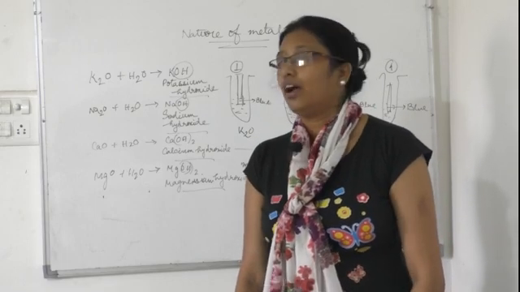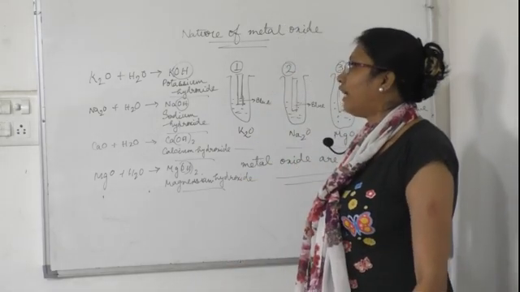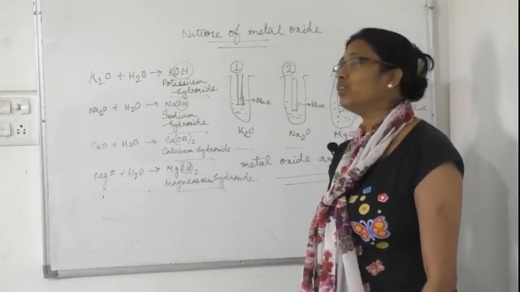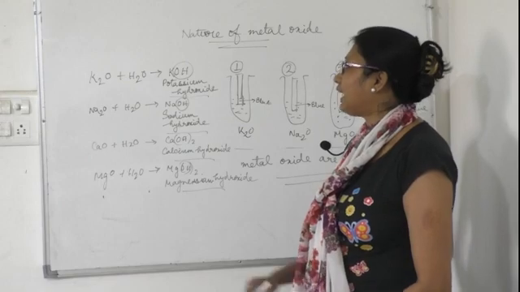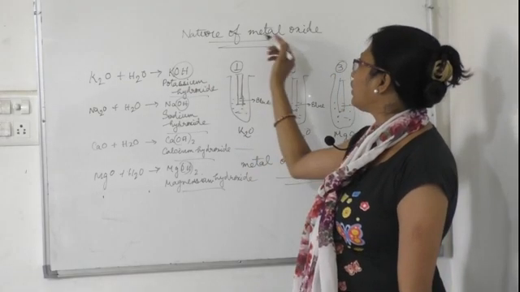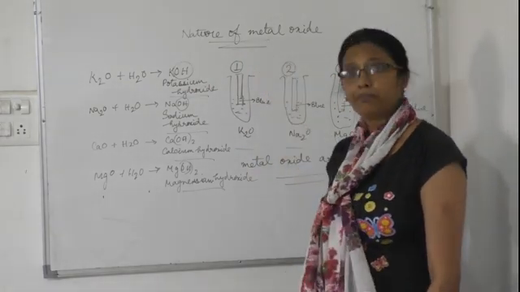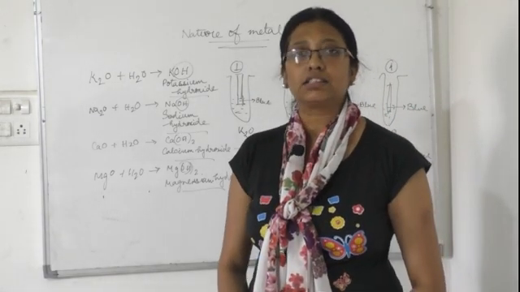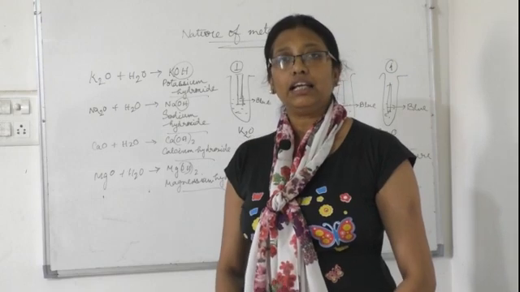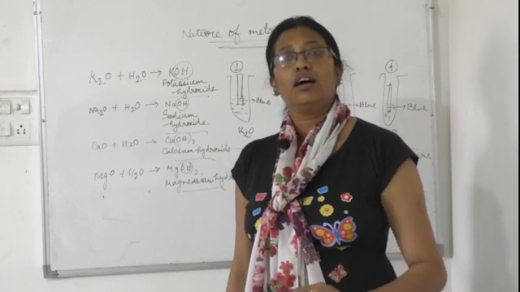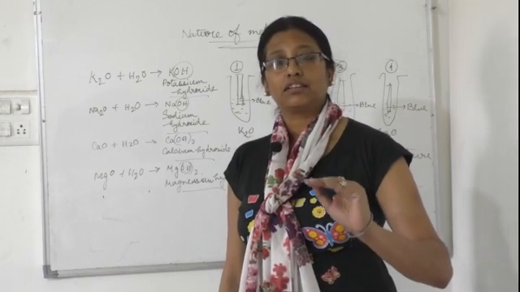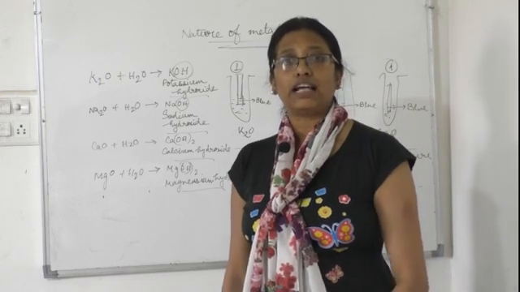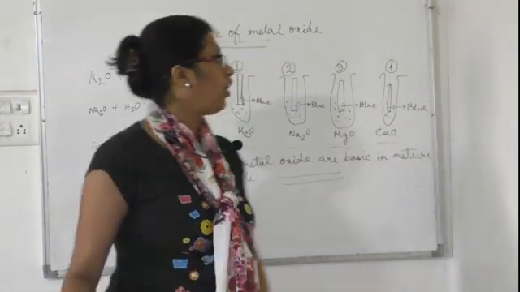Okay. Now, one very interesting thing I am going to tell you: as we know that the nature of metal oxides is basic, but there are some oxides which actually show both natures, acidic and basic.